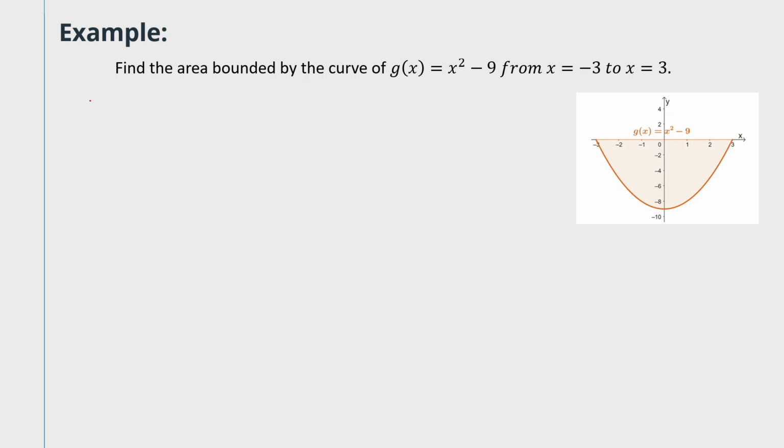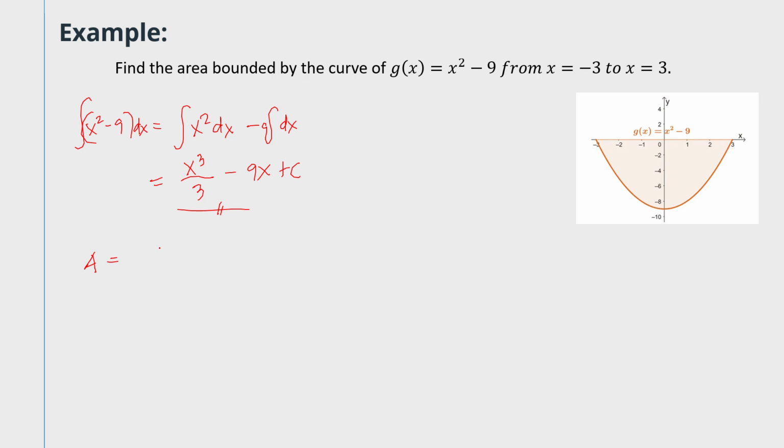The integral of x squared minus 9 dx is equal to the integral of x squared dx minus the integral of 9 dx. Okay, so we have here x cubed over 3 minus 9x plus c.